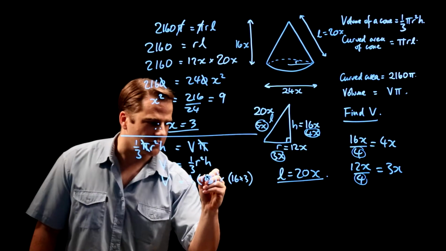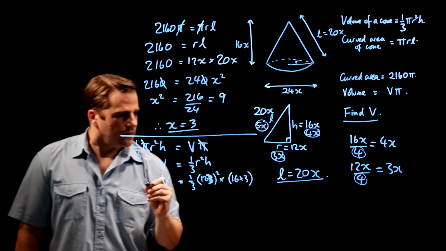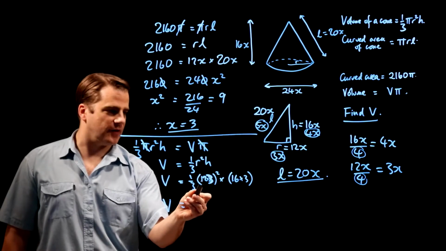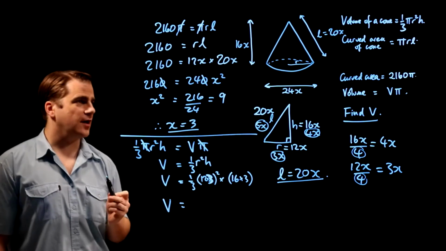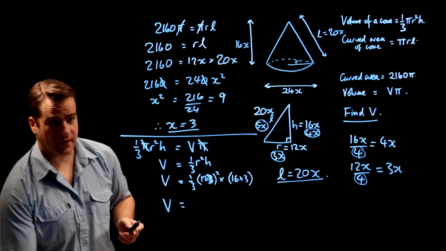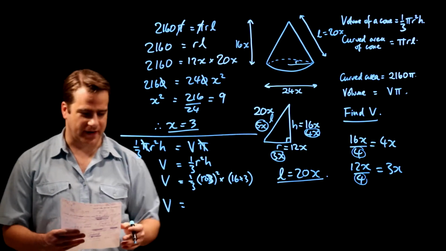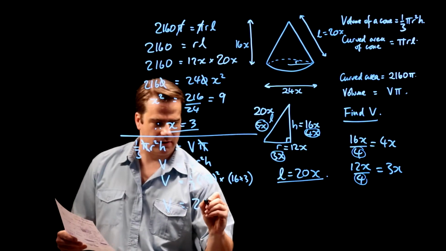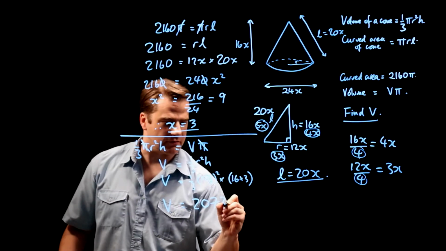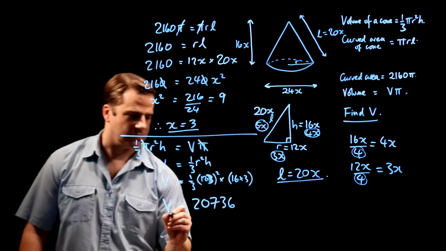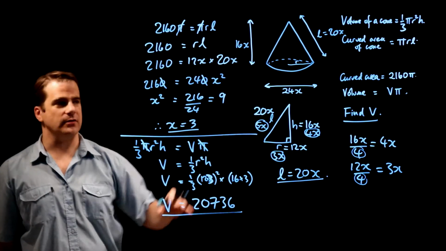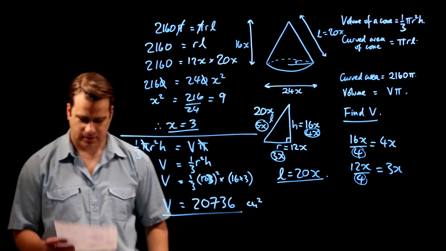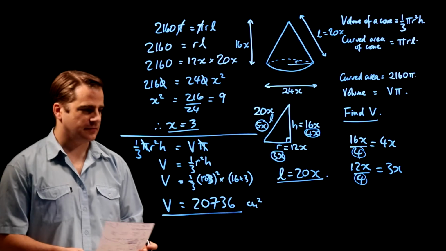Sorry, it's a bit messy. Right. So 1/3 times 36 squared times 48. Stick that in your calculator, or do it in your head if you can, and you get 20736. That's it.